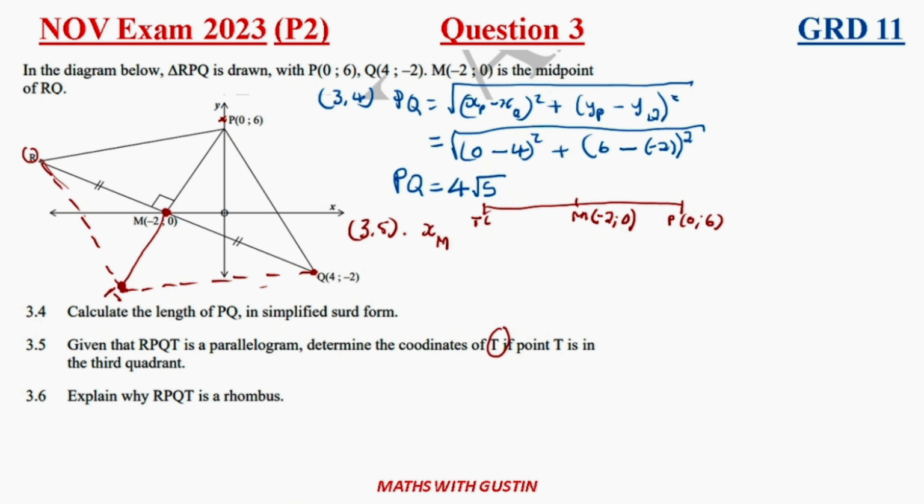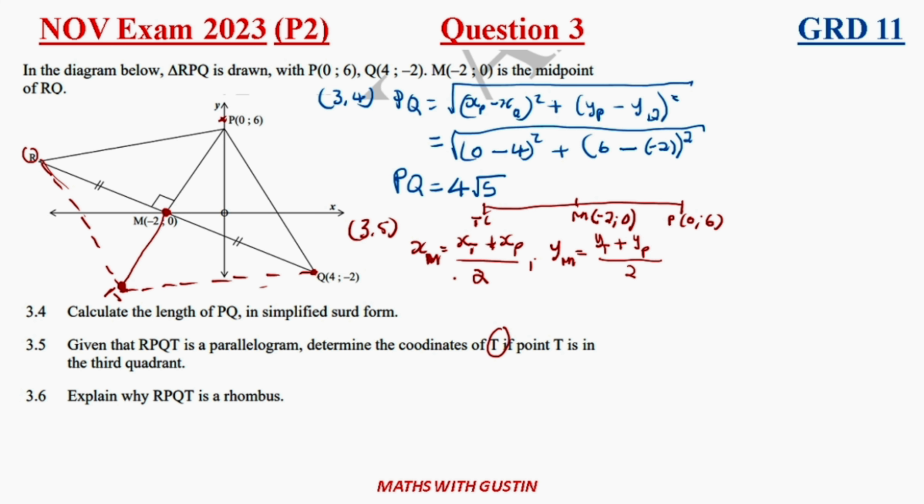So therefore what you need to do now is find the coordinates of T. The x coordinate at M is equal to the x coordinate at T plus the x coordinate at point P, all over 2. Then similarly you would do the same for y. Y at midpoint is equal to y at point T plus the y at point P, all over 2.